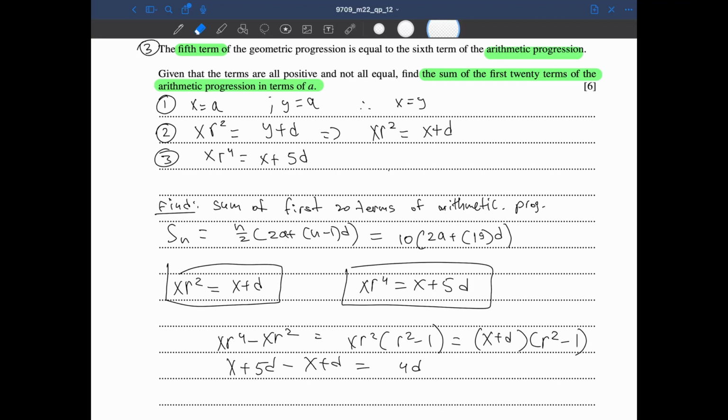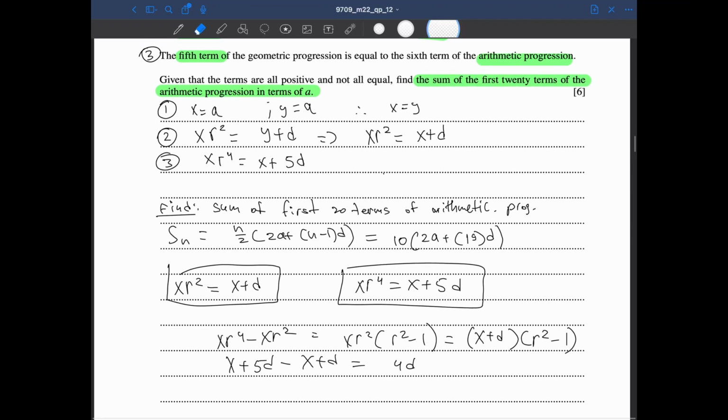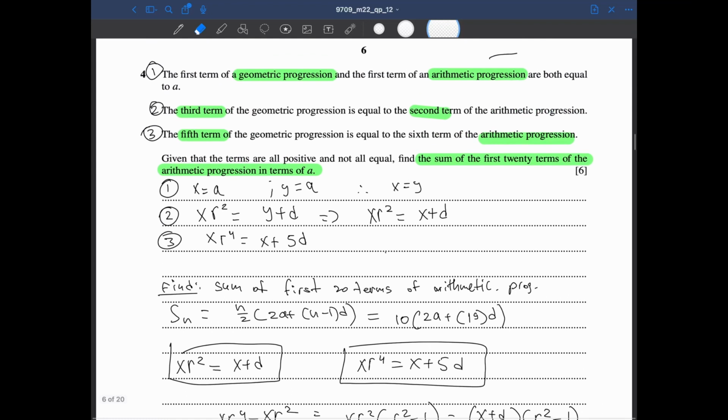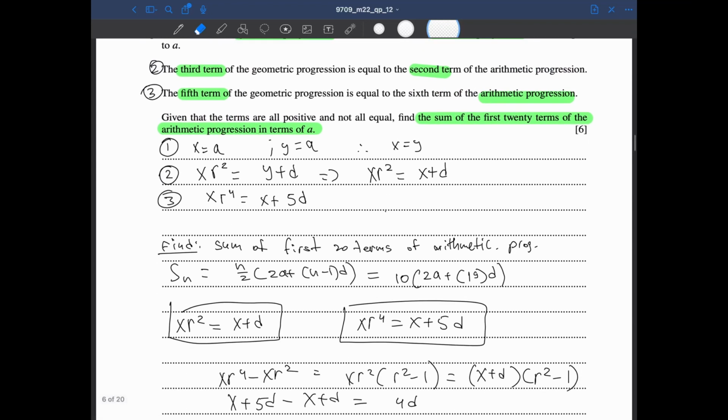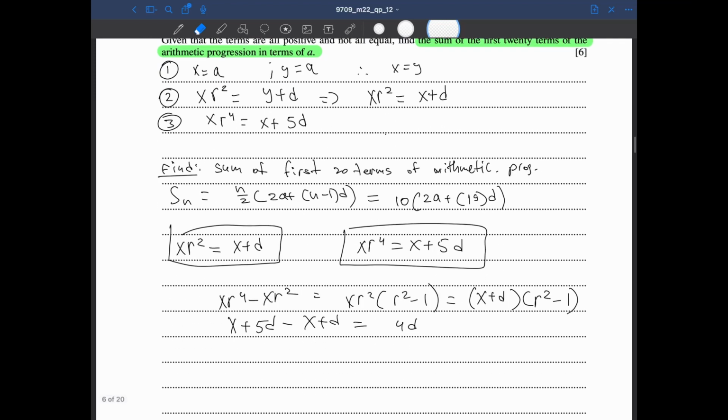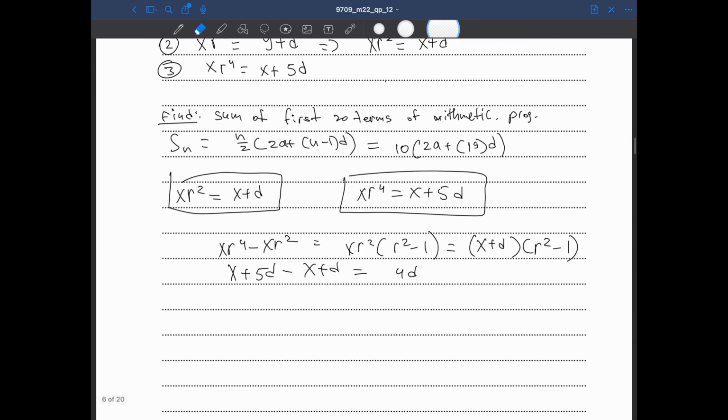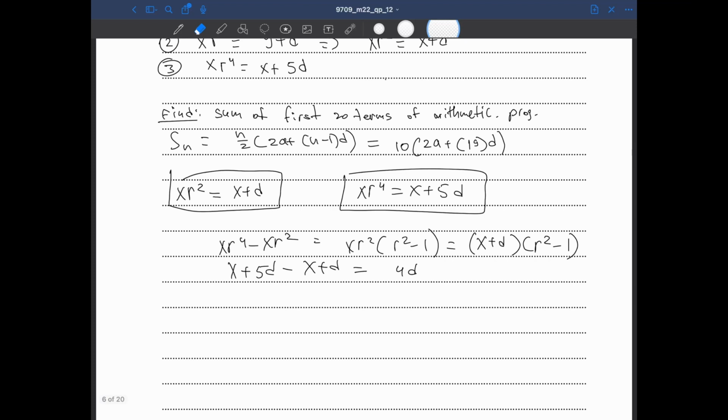Xr squared is x plus d, and xr to the power 4 is x plus 5d. And I'm pretty sure that's correct. Well, x is just a. So we need d in terms of a, basically.